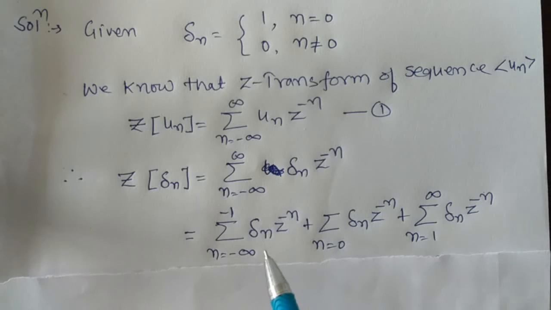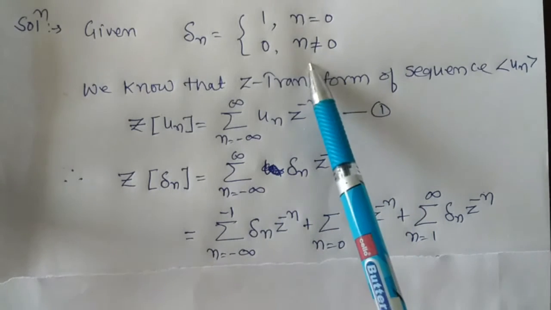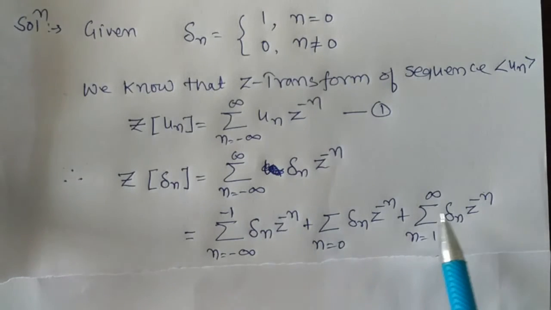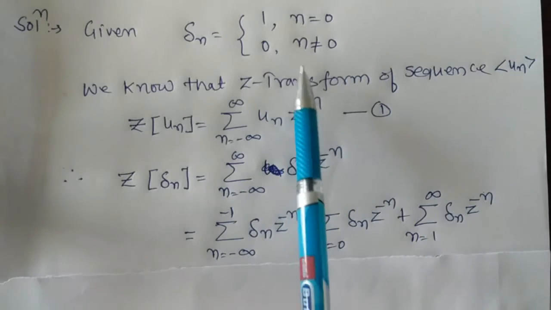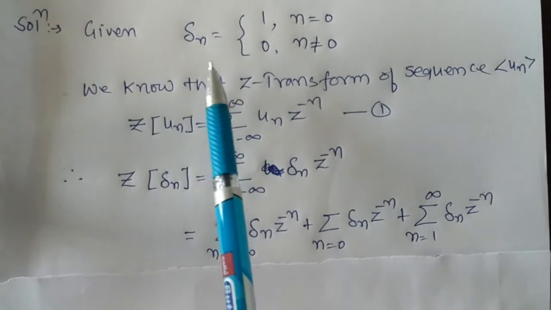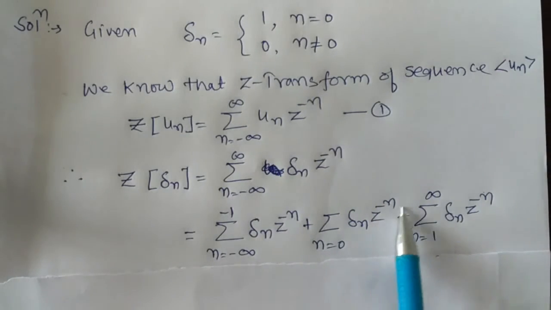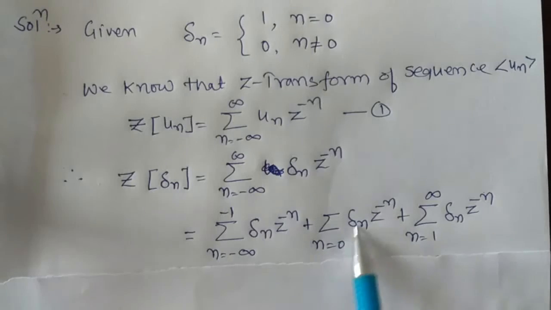Now in the negative range n is not equal to 0, and when n is not equal to 0 the value of delta n is 0. In the positive range, for n equal to 1 to infinity, n is not equal to 0, so again the value of delta n is 0, and here we have delta 0 z power 0 for n equal to 0.